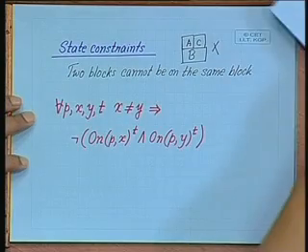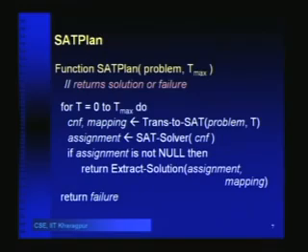Okay. So, once we have the assignment, we can extract the solution by checking which of the actions have been assigned 1. Otherwise, we return failure. If we are still unable to find a satisfying assignment within T max, we return failure.